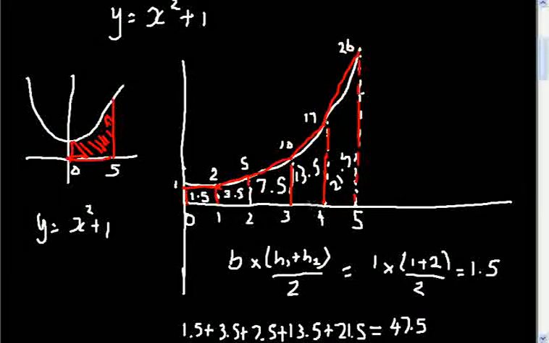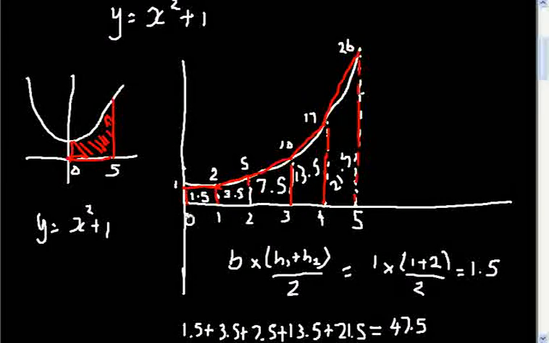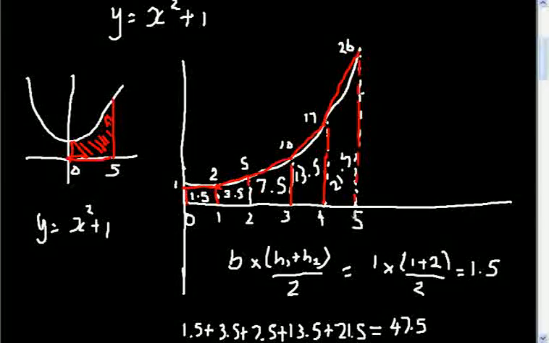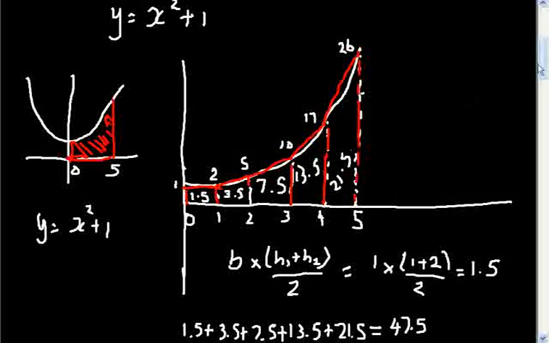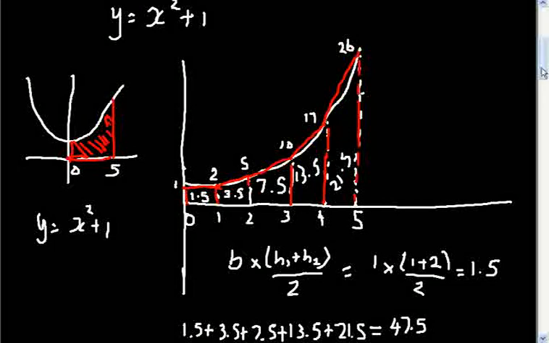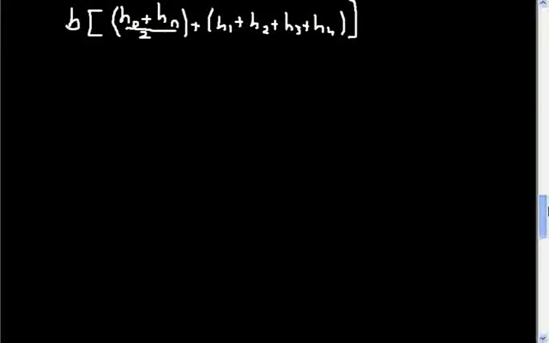If I have to use 5 strips, I have to divide my spacing between 0 and 5 going up in ones, so that way I'll get 5 strips. Therefore my b is 1.